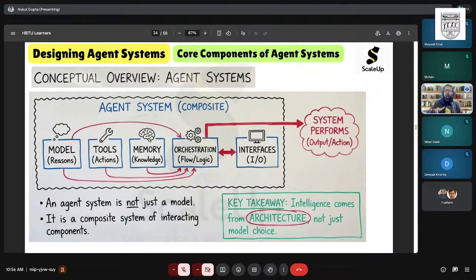No matter how good a model you use, like GPT, which is very good at complex reasoning, if you are not properly using other tools and components, you might not get good results. Whatever agent we are designing, it's not just about the LLM. Equally important are the memory, the context we are storing, the orchestration, and the tools we are using. All these components are equally important in designing a good agent system. So that's the idea.